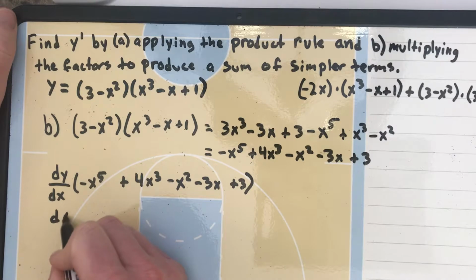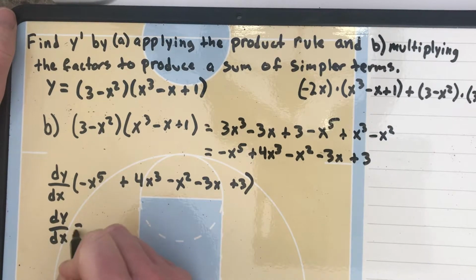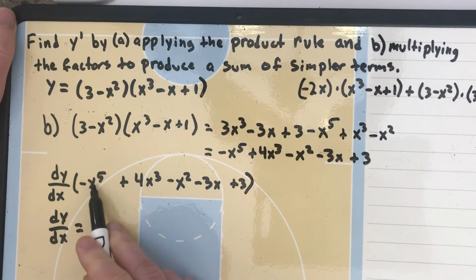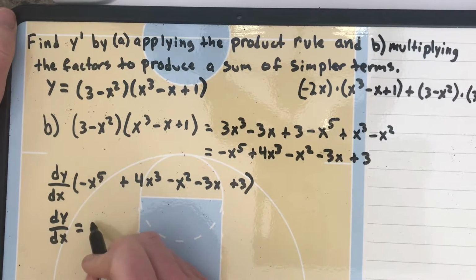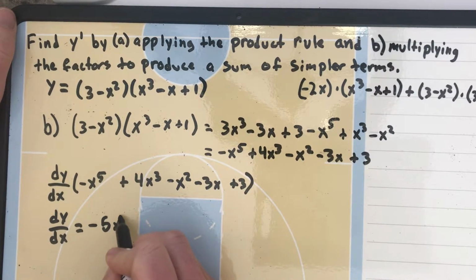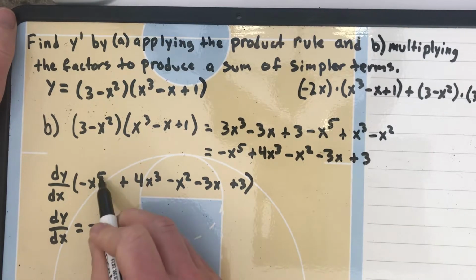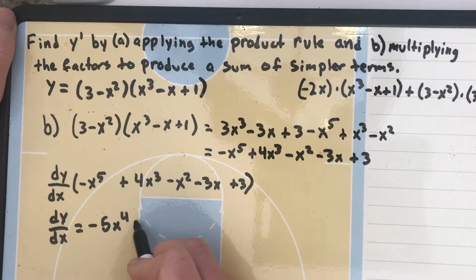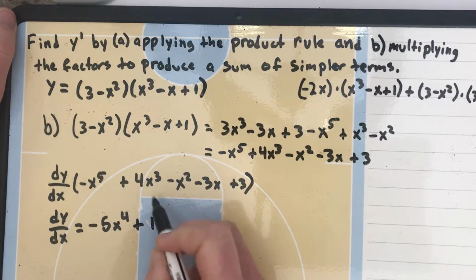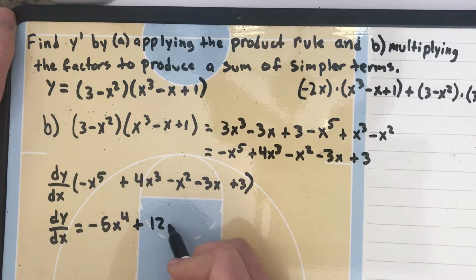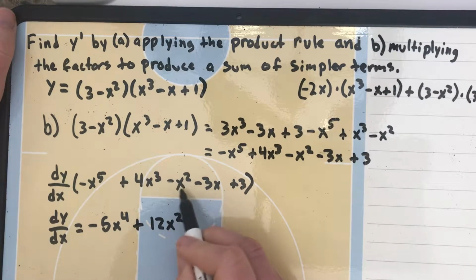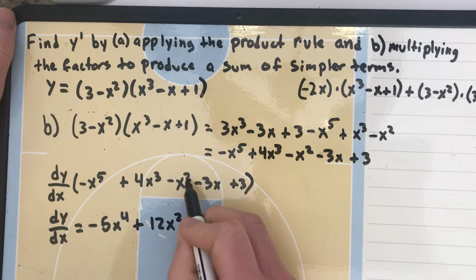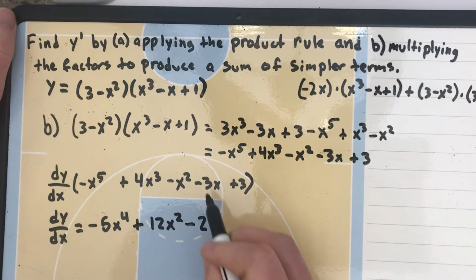So I'm going to say that dy over dx equals, when I take the derivative of this first term, the 5 comes to the front, so it's negative 5x to the 4th, right? We go down by 1. The derivative for this term is going to be positive 12, 3 times 4, x squared. The derivative of this term is going to be minus 2x, right? 2 comes to the front, we go down by 1.